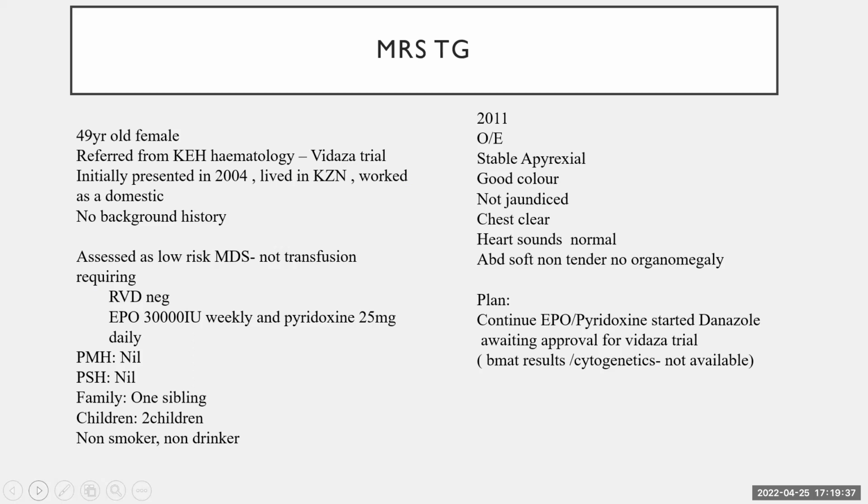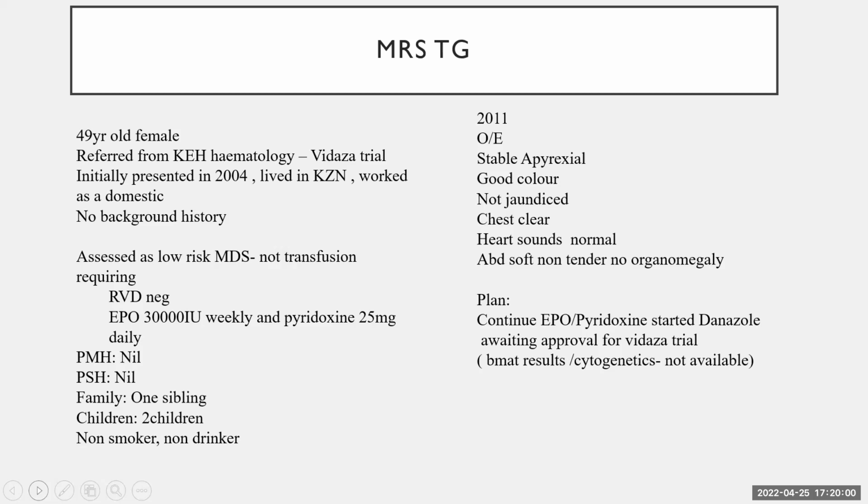She was assessed as a low-risk MDS and was not transfusion requiring. She was RBD negative and was on EPO at 30,000 international units weekly and also pyridoxine 25 daily. She had 1 sibling, 2 children, and had no history of smoking or drinking or any other occupational exposures.